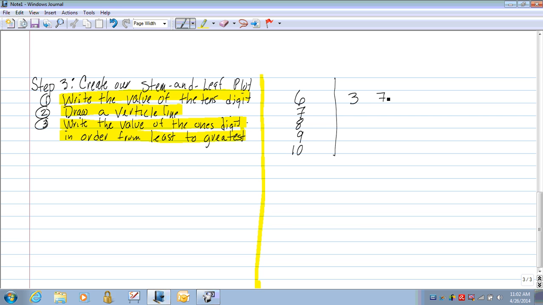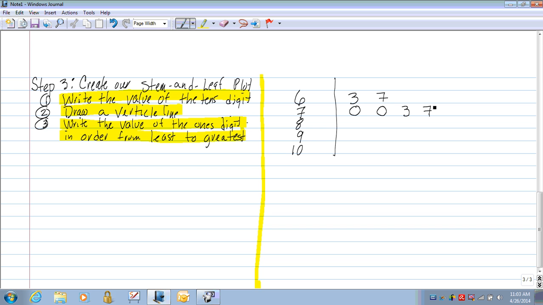If we look at the digits in the 70s, we have a 70. So our tens is a 7, our ones is a 0. The second one is a 70 also, so we have 7 tens, 0 ones. Our third 70 was a 73, so we have 7 tens, 3 ones. And then our fourth is 7 tens, 7 ones.